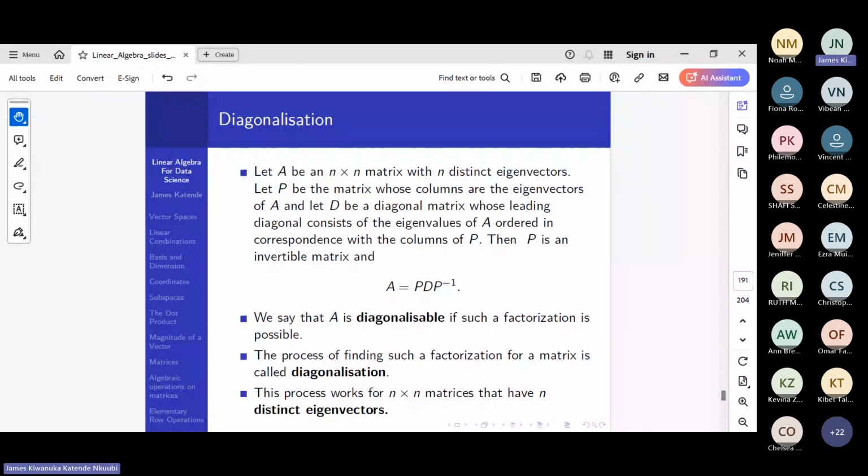Once this is done, we say that the matrix A is diagonalizable. But that is only if the matrix A has n distinct eigenvectors. It's not possible for all matrices, only for those that have n distinct eigenvectors.